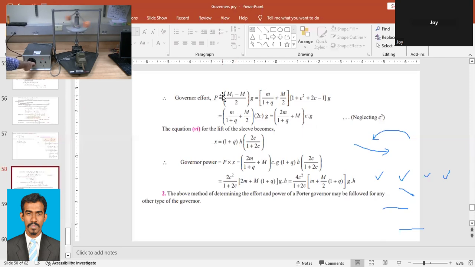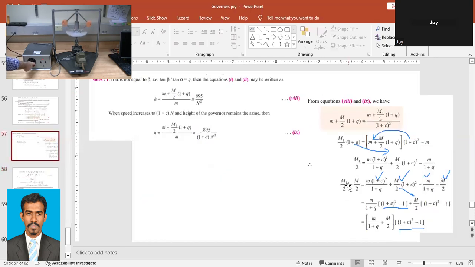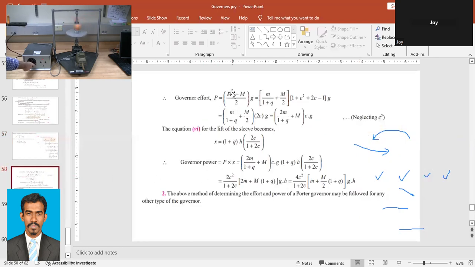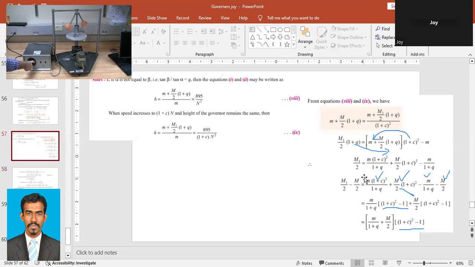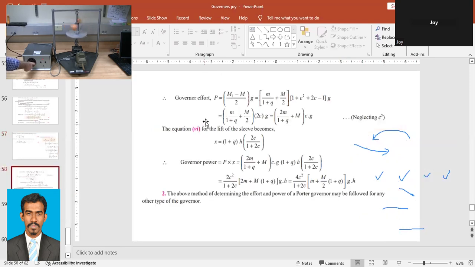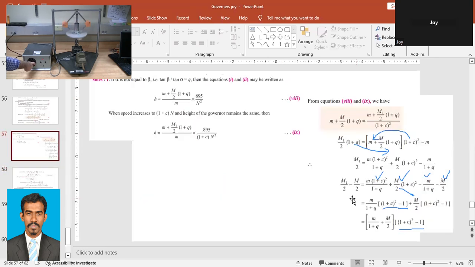So now I am going to substitute for this term m1 minus m upon 2, m1 by 2 minus m upon 2, the same thing. This is the purpose we rearranged this one, to bring it into this format so that we can replace this thing here. So m1 minus m upon 2 is equal to small m upon 1 plus q plus m by 2.